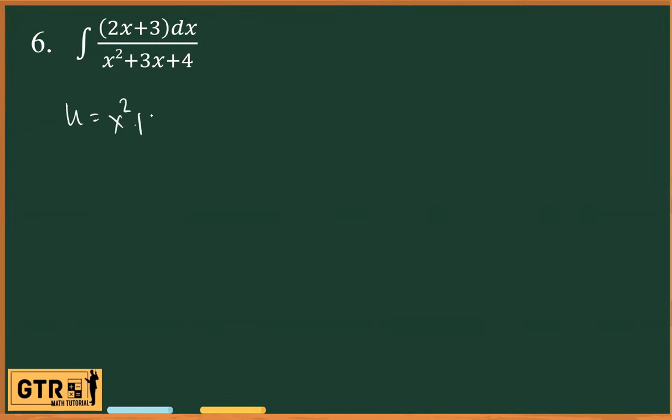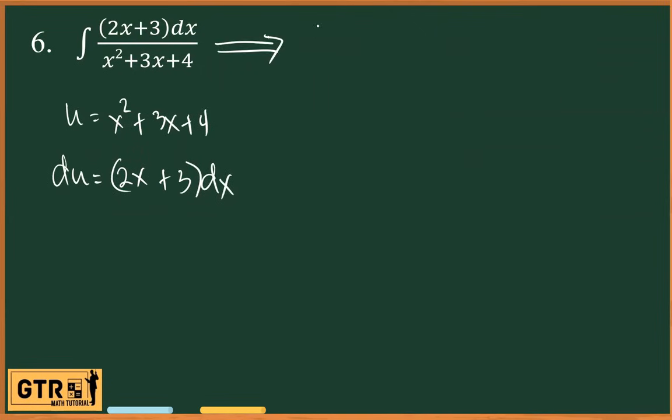So let's try u as the denominator, x squared plus 3x plus 4. The differential is the derivative of x squared, which is 2x, and the derivative of 3x, which is plus 3. So we have 2x plus 3 multiplied by dx. It is now in the form integral of 2x plus 3 dx, which is our du, over x squared plus 3x plus 4, which is our u.